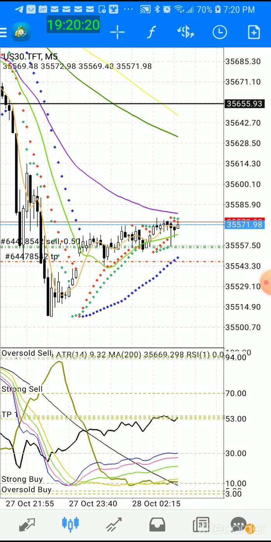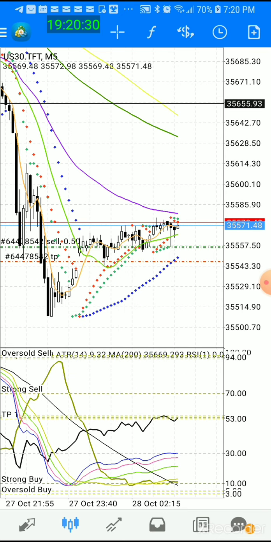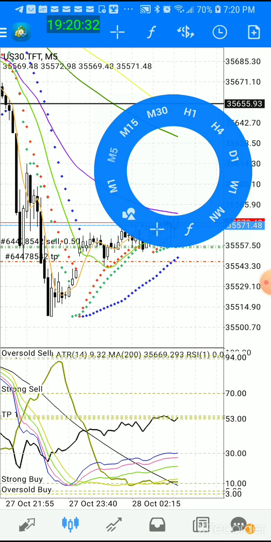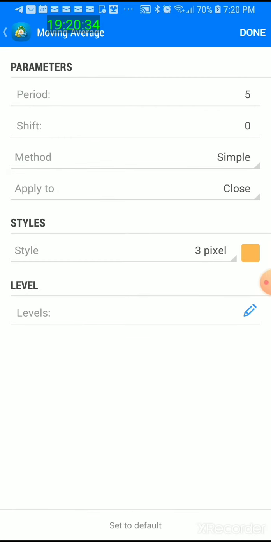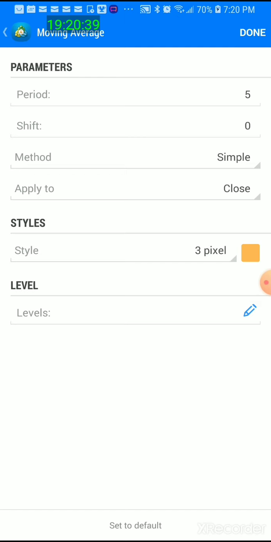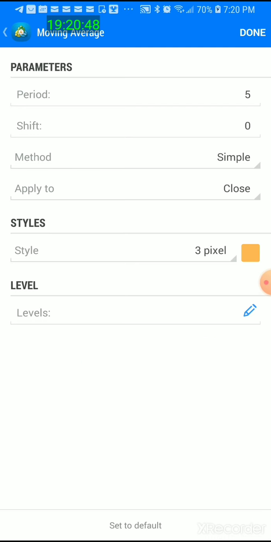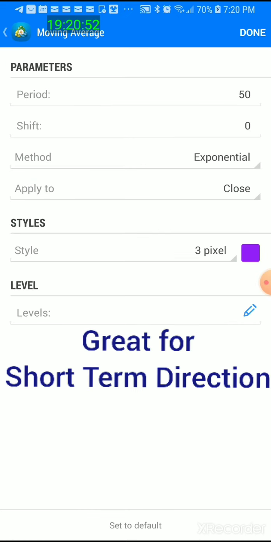Then I also have my bottom block down there with moving averages, an ATR, and an RSI, and I think that's all that I have. Now, moving averages. I have the 5 simple, which is orange. There's that orange right there. I'm going to move through these pretty quickly, but you can screenshot, stop it, and go at your pace. Don't worry about me.